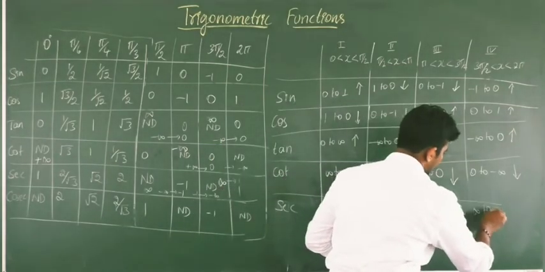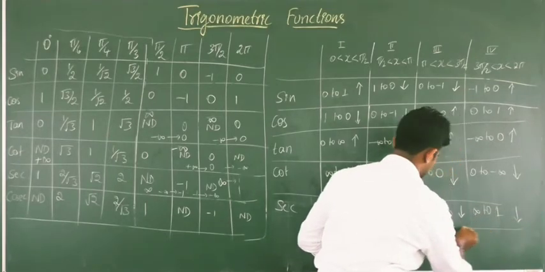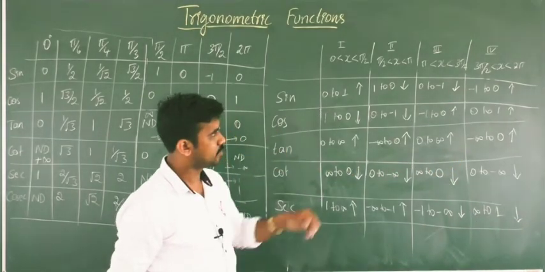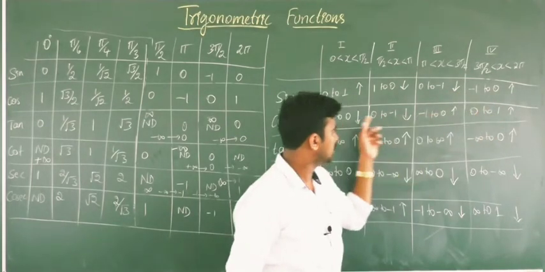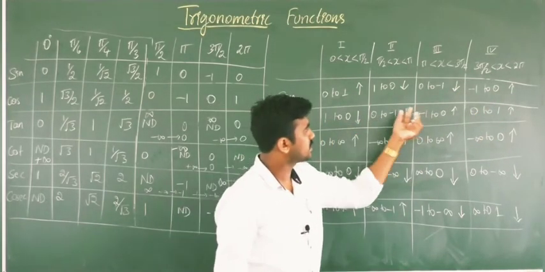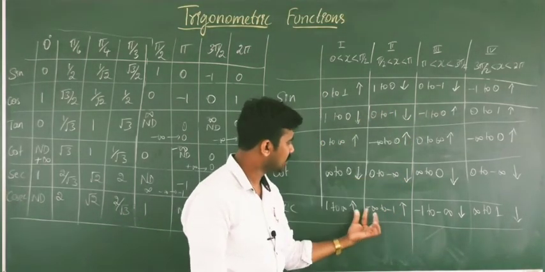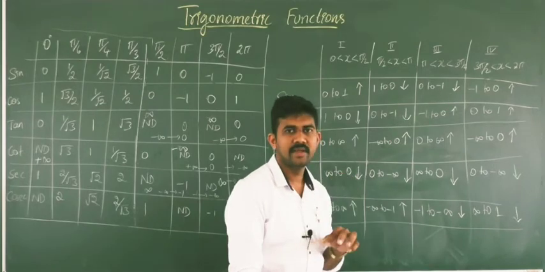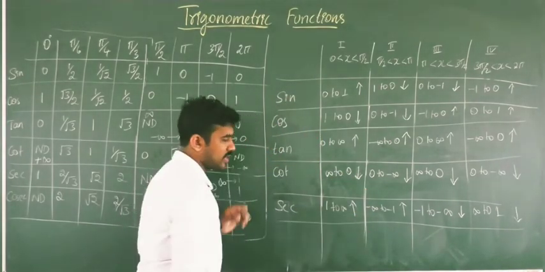Infinity to 1, it is decreasing. It is the reciprocal of cos. Whenever you have increasing, then you will get decreasing. When you have decreasing, then you will get increasing. So the graph looks like that only, which you can observe when drawing the graph.